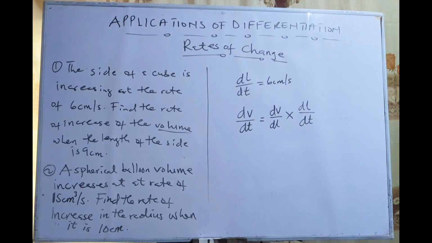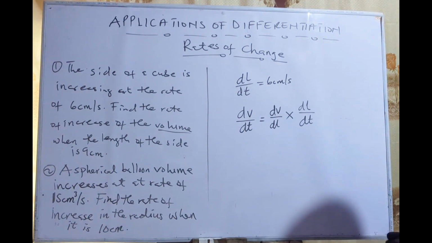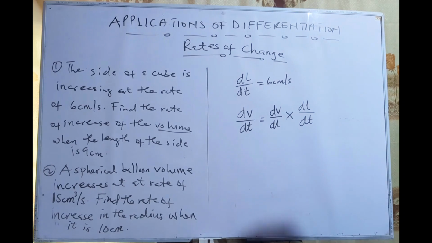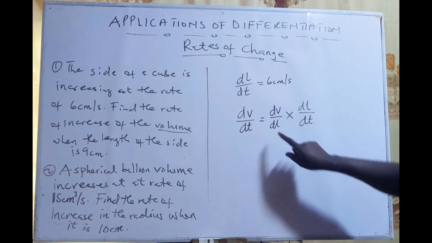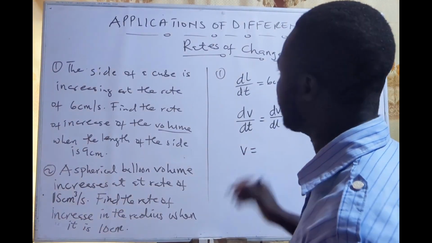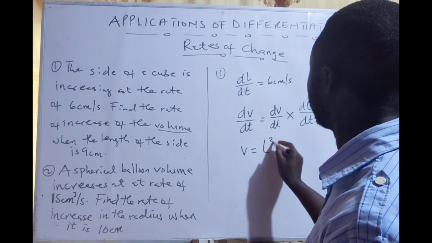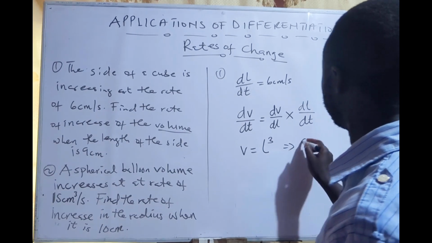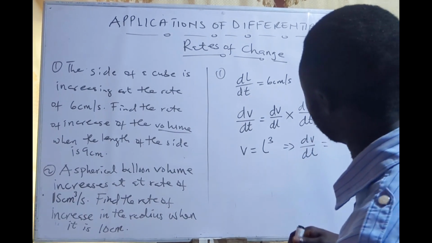The length with respect to time is 6 centimeters per second. That is clear. Now we have to find the volume with respect to the length, so we quote the volume formula. Volume of a cube is L cube. Then dV on dL, the volume with respect to the length.